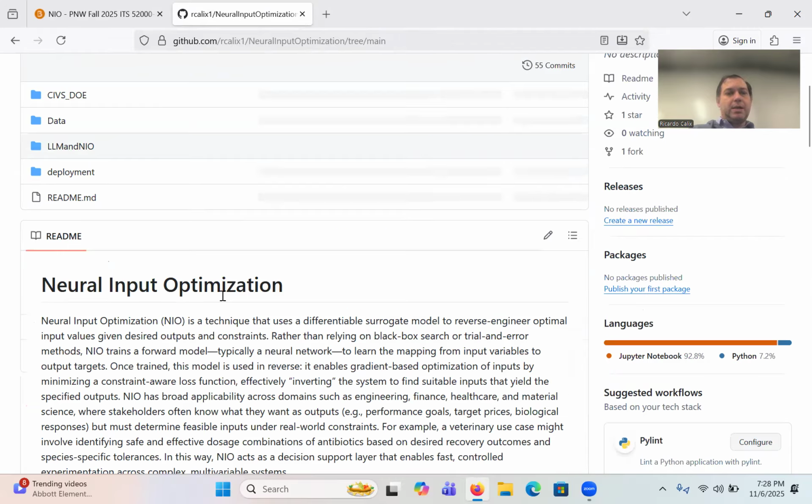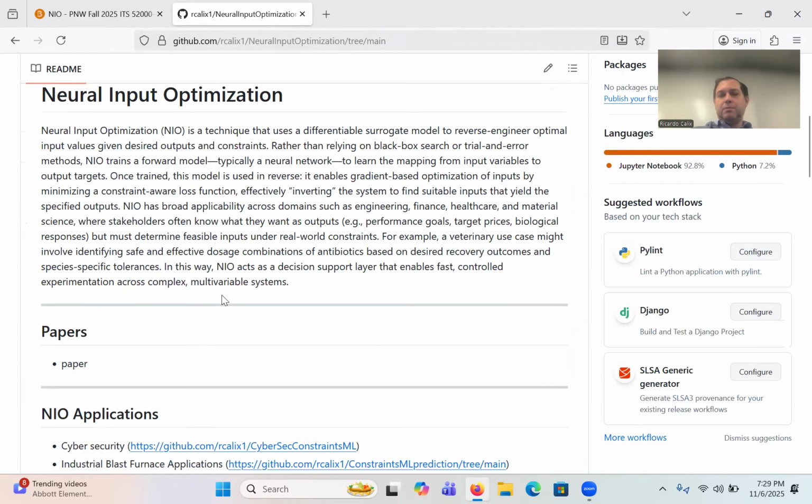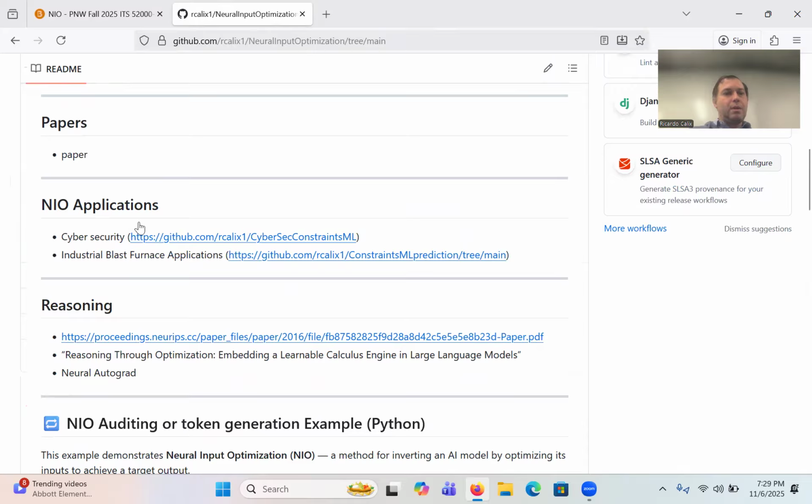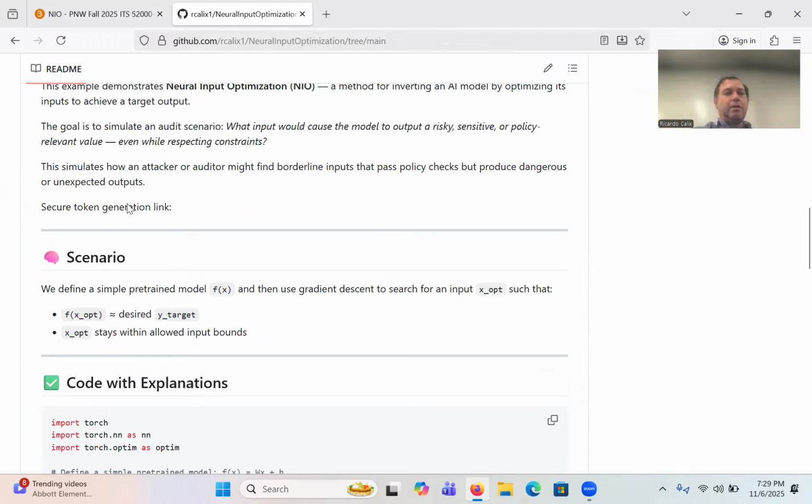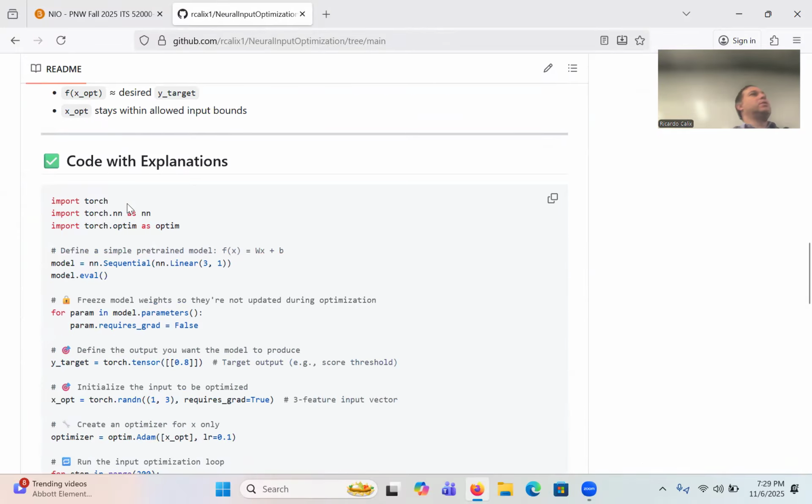So let's go back to the top of the repo. All right, so here I have the first piece of code to introduce NIO. So what I'll do is I'm going to end this video as just motivation, and I'll start a new one just for the code.